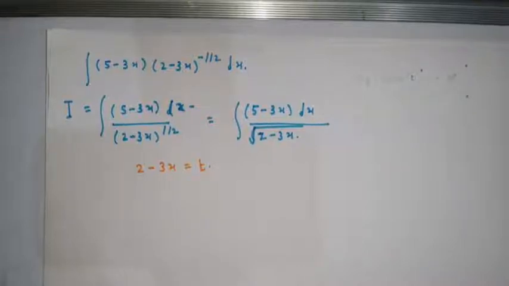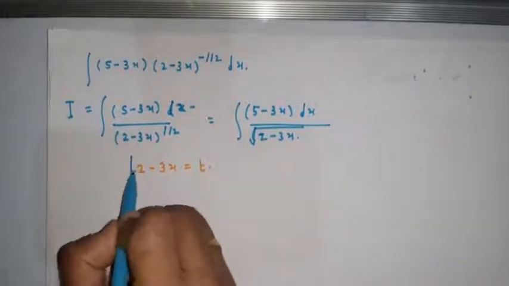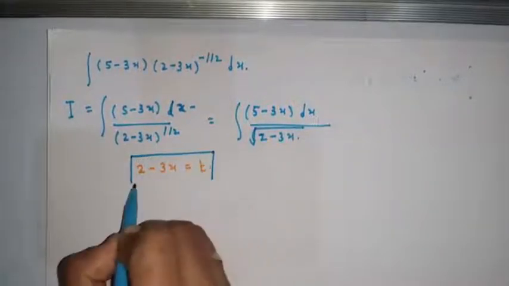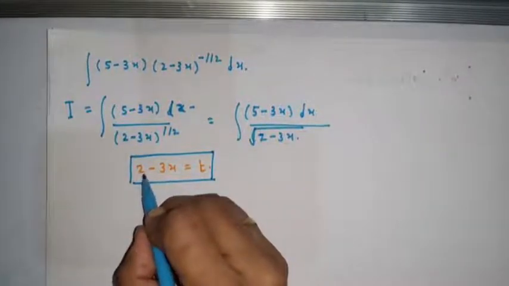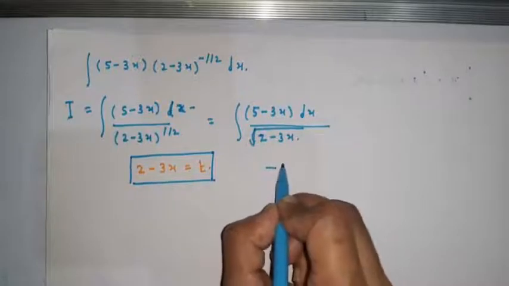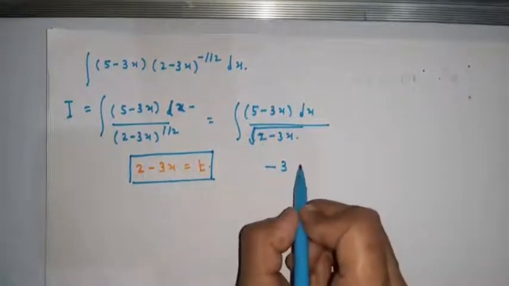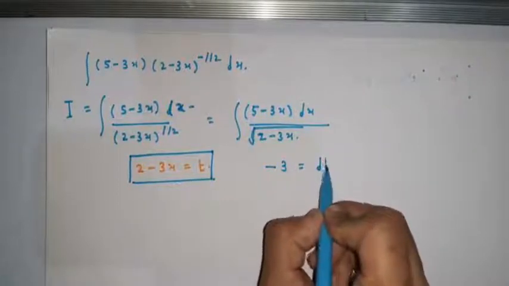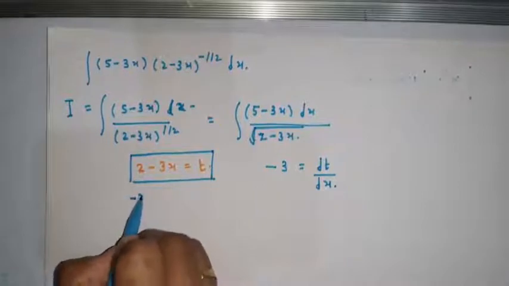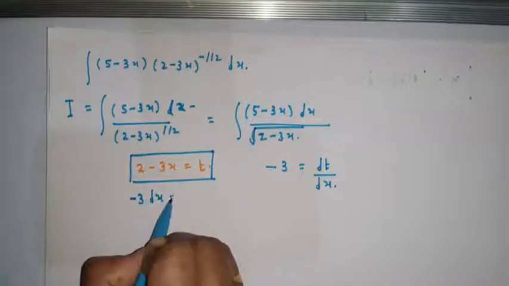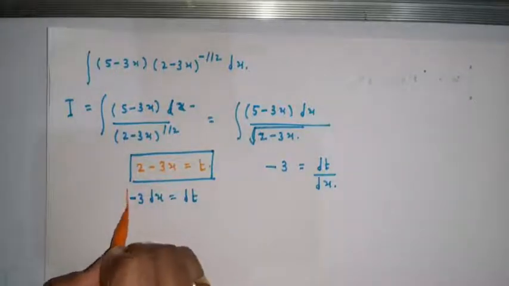Okay, and therefore whatever is our substitution, differentiate it: the differentiation of 2 is 0, minus 3 as a constant, differentiation of x with respect to x is 1, equal to dt by dx, and hence we get minus 3 dx equal to dt.